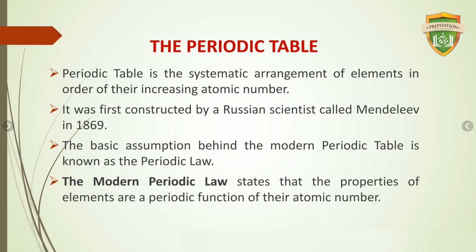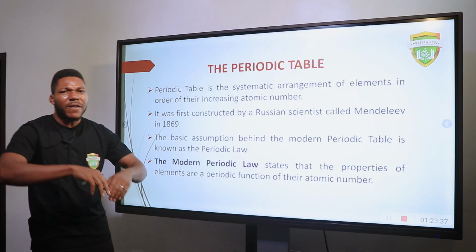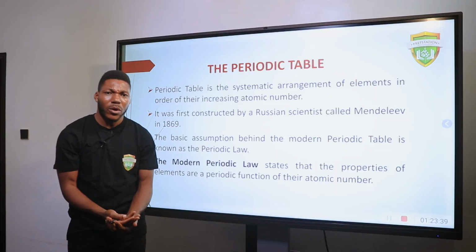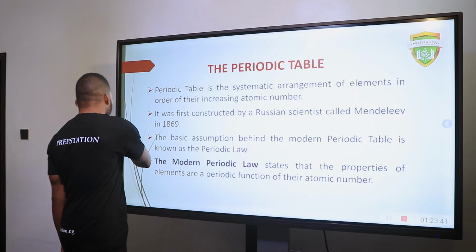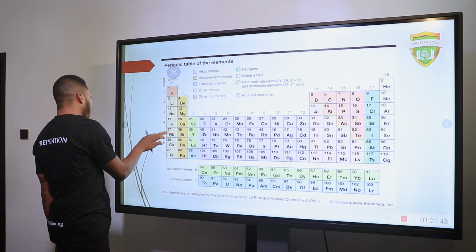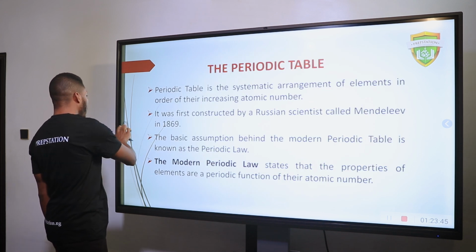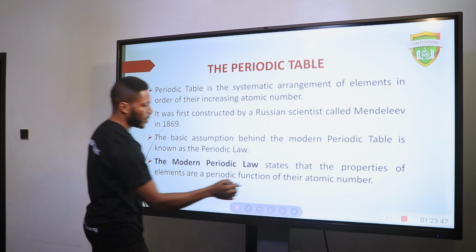When elements are systematically arranged according to their increasing atomic number, the basis of assumption behind this periodic table is their periodic law. We state that the properties of the elements are a periodic function of their atomic number. That means that whatever happens in the periodic table comes as a result of their atomic numbers.